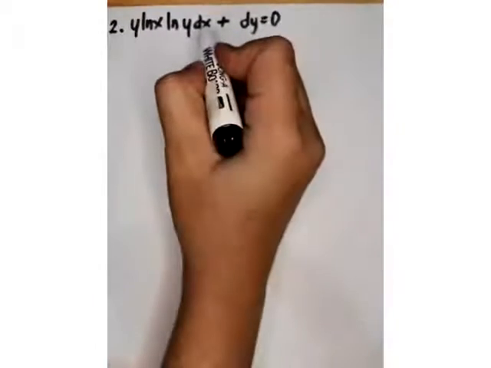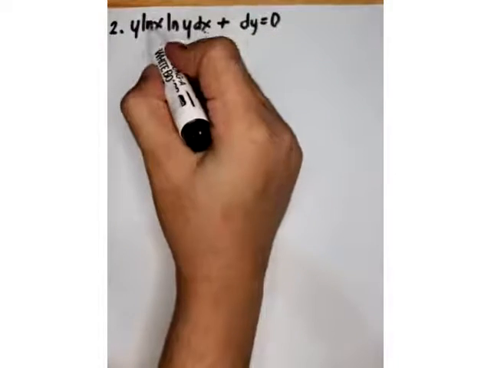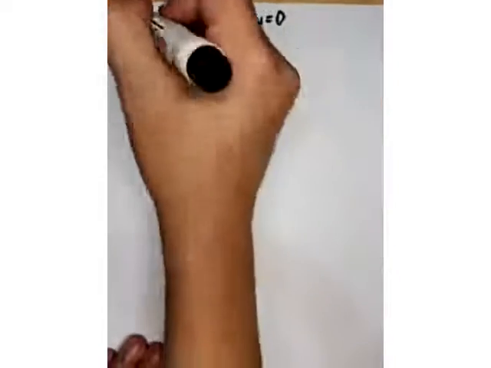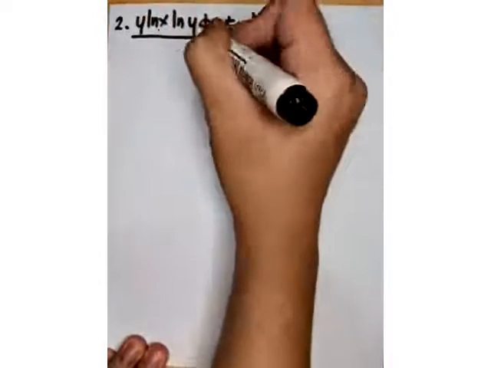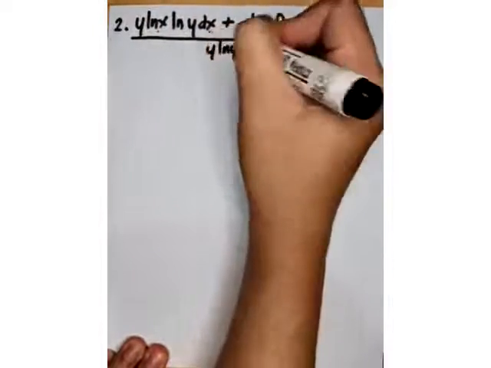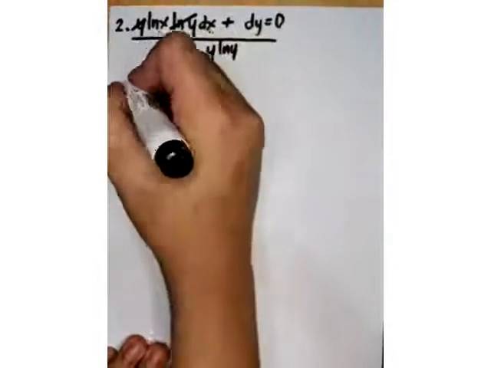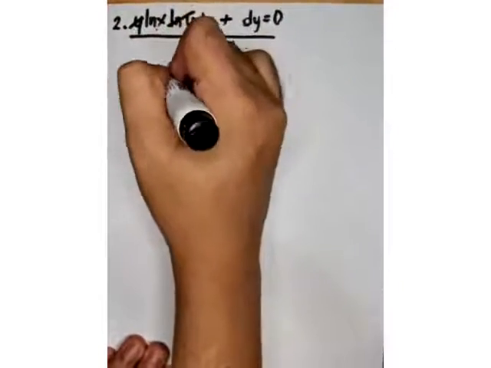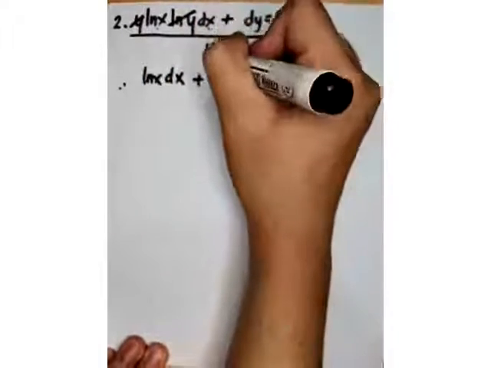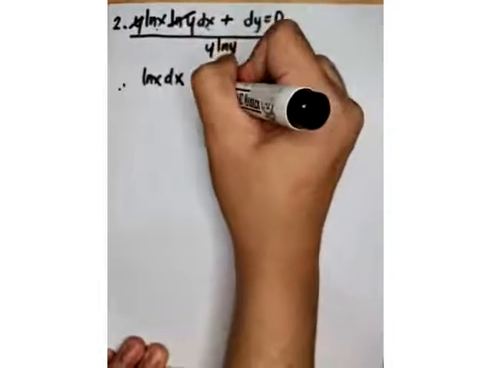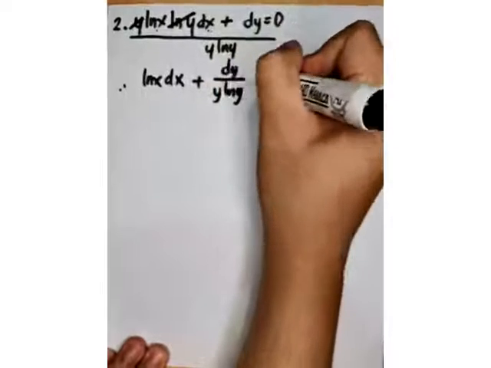Since nandito yung dx, so dapat magstay yung ln of x. So dapat mawala yung y and ln of y. So divide natin yung buo ng y, ln of y to cancel this. Ayan. So that means we will have ln of x dx plus dy all over y ln of y is equal to 0.